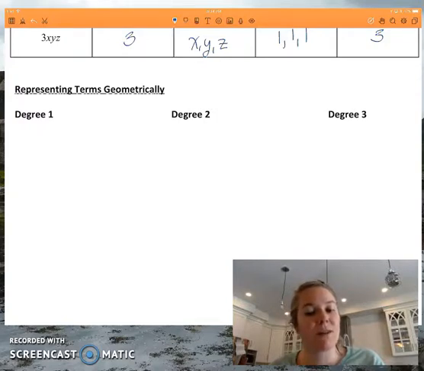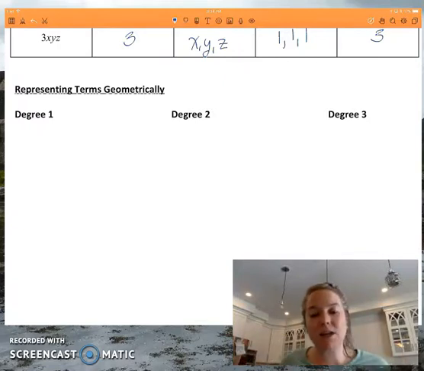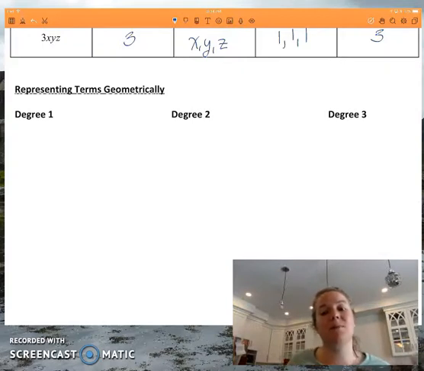And so we're going to think about what is a line, what is an area, and what is a volume. These are all things that you've calculated before, but maybe you haven't thought about how they can be translated into something abstract like an algebraic term.